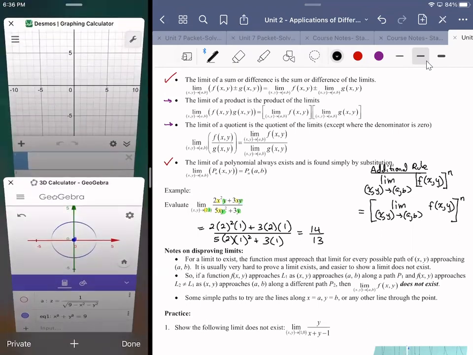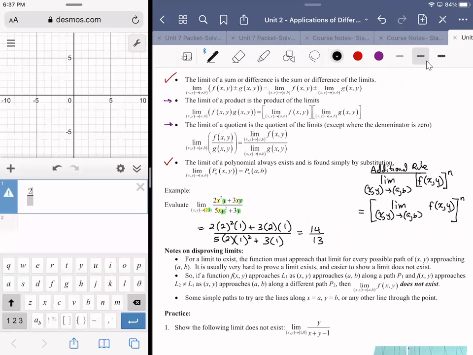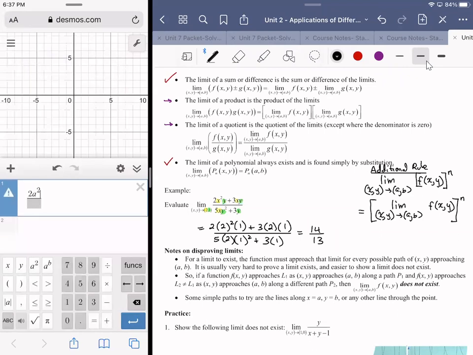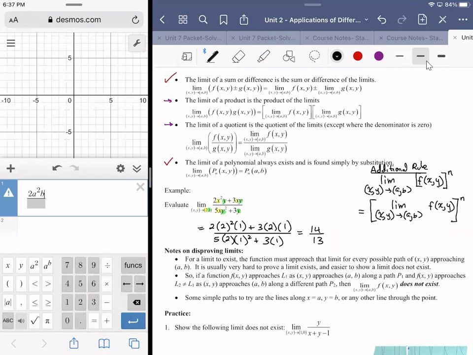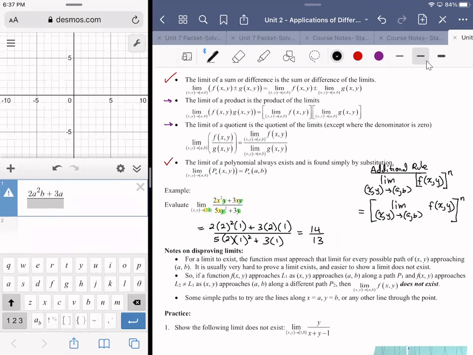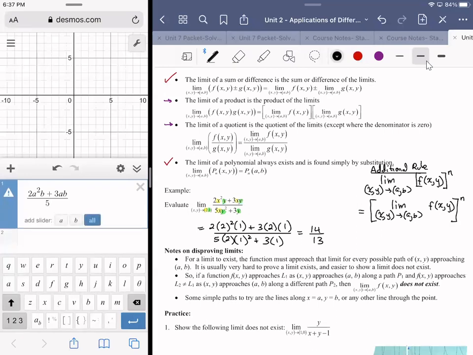So I'm going to Desmos it up. So I'm going to say parens, instead of x's and y's, I'm going to use 2a squared b, a's and b's instead of x's and y's. This way it'll assume that those values are intended to be constants.